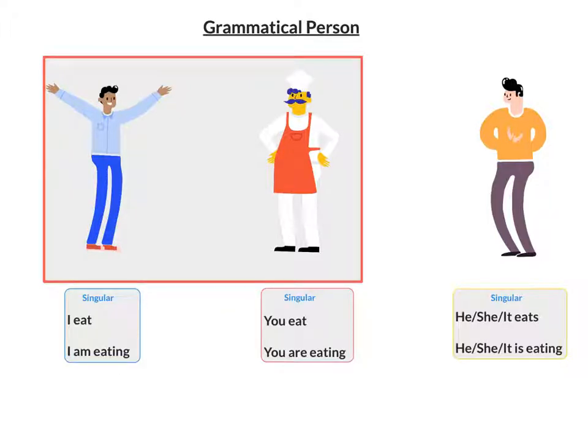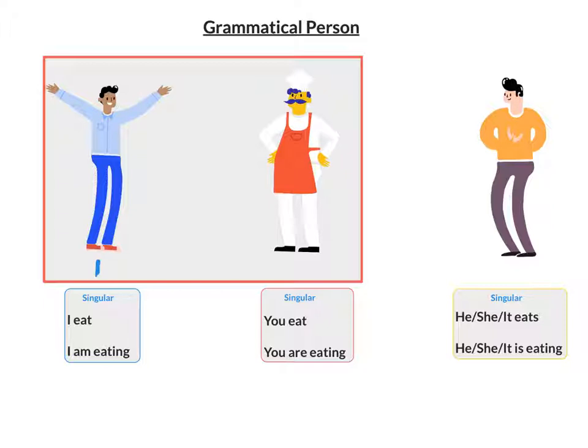So the examples that we saw were for single people in each of these positions: the speaker's position, the listener's position, and the person who's outside the conversation. Okay? In grammar, we call the person who is speaking about himself the first person.